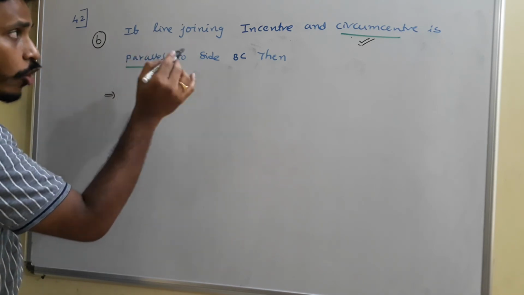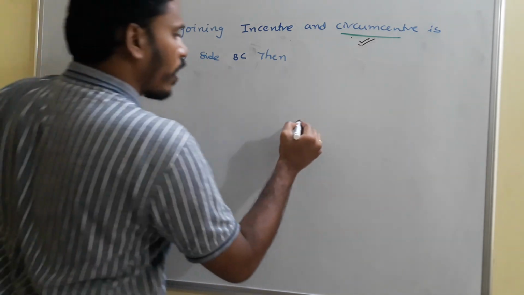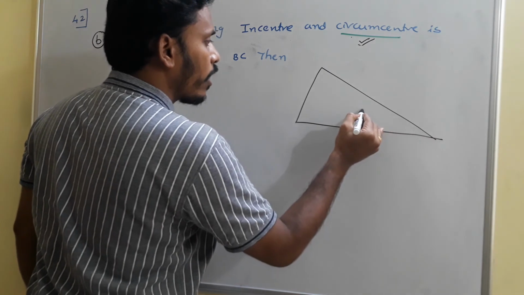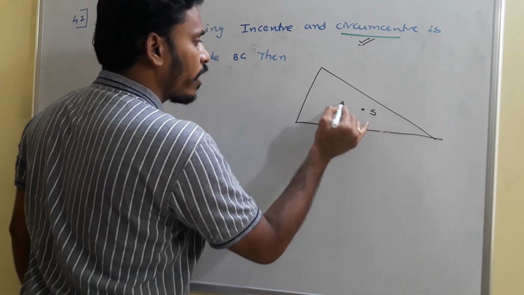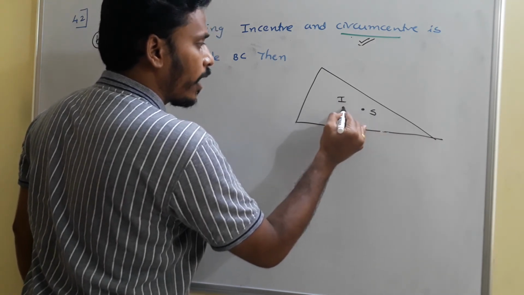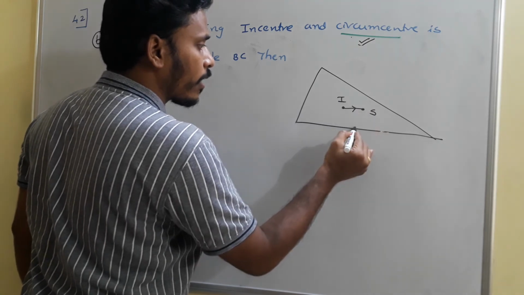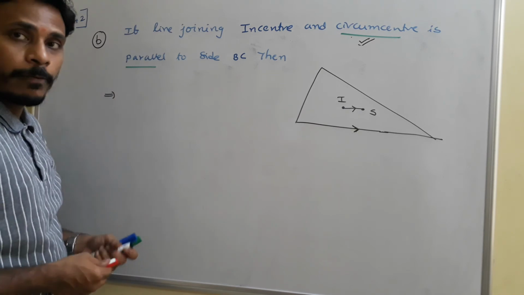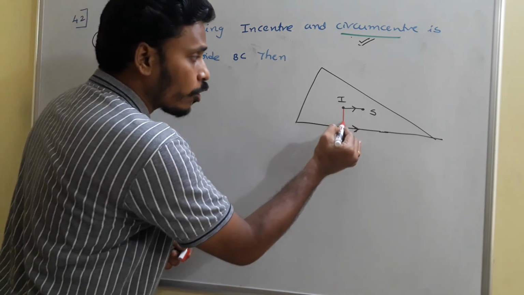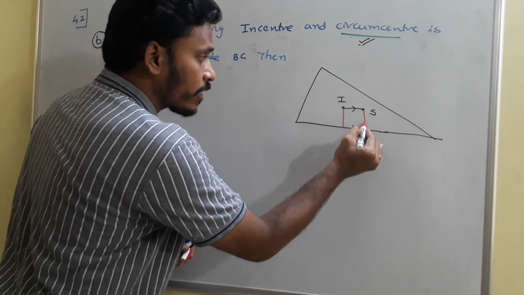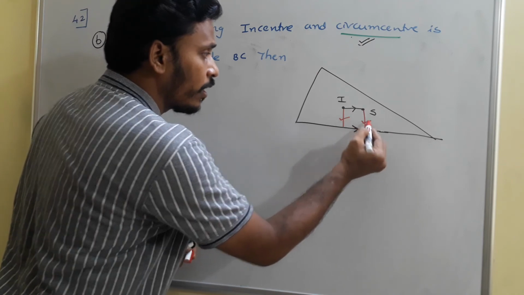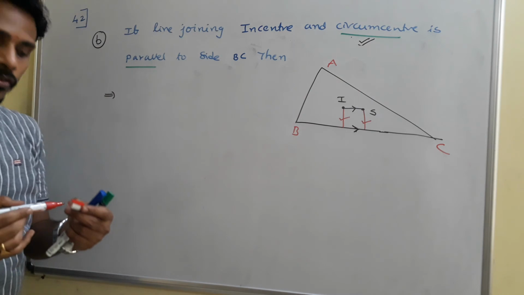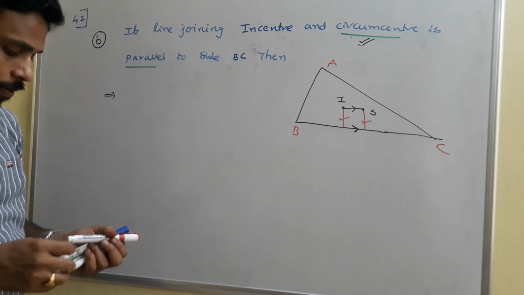Since the line joining is parallel to side BC, if this is the triangle, and here you have circumcenter, somewhere here you will get incenter, and the line joining this incenter and circumcenter is parallel to side BC. Then again, the distance from incenter to the side BC and the distance from circumcenter to the side BC, these two are equal. And we need to concentrate on those distances.